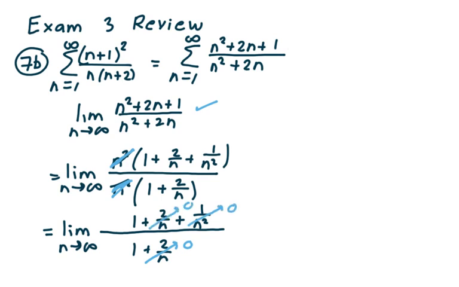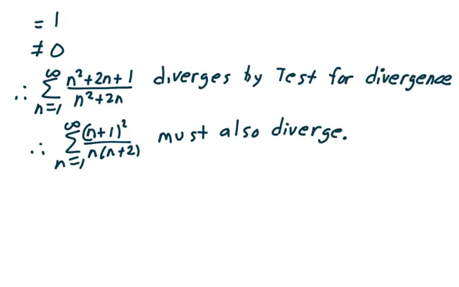So those all go, and what we get is 1, which doesn't equal 0. And so the summation from n equal 1 to infinity of n squared plus 2n plus 1 over n squared plus 2n diverges by the test for divergence.